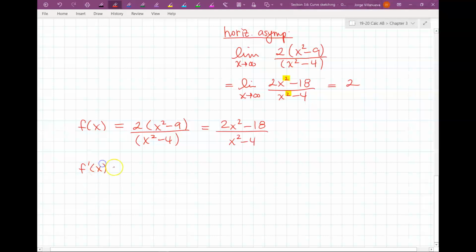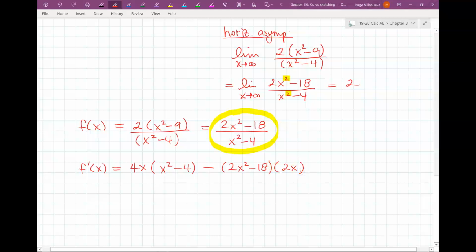F prime of x is equal to, now the derivative of the top function. Okay, remember I'm using this piece right here. Okay? The derivative of the top function would be 4x minus 0. So just 4x. Times the bottom function, x squared minus 4, minus the top function, which is 2x squared minus 18, times the derivative of the bottom function, which is 2x minus 0.